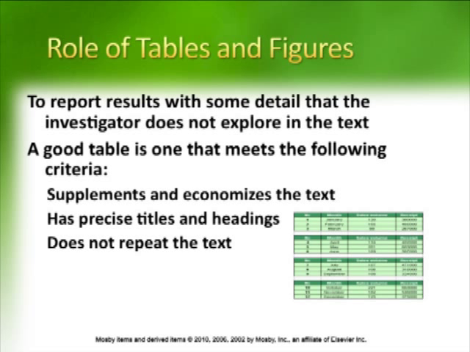A role of the table is to report results in some detail that the investigator does not explore in the text. And a good table is one that meets the following criteria. It supplements and economizes the text. It has precise titles and headings and doesn't just repeat what they also put in their paragraphs.